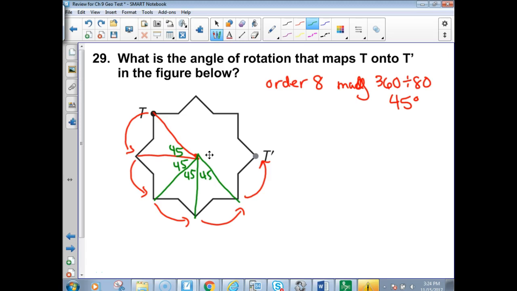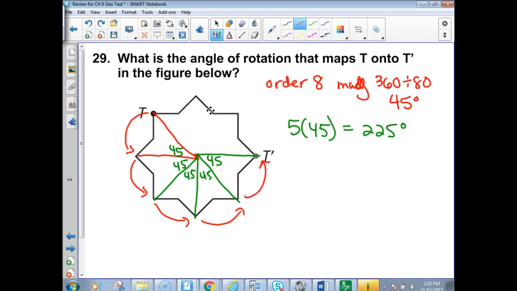Another one, and that's why I'm telling you, you don't have to draw all this to understand it, but I'm trying to illustrate for you why it's going to be 5 times 45, and that's a 225-degree rotation to get from T to T prime. Now, in the key, it says 135. Do you see what the person that did the key made that error?